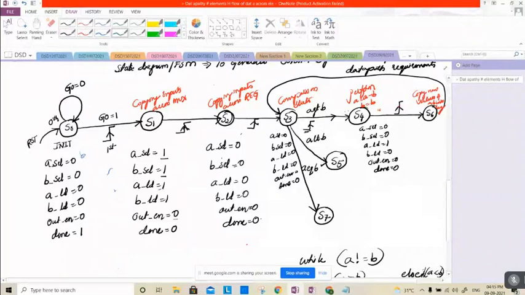There is no other difference between the two. Here, loading A comma B from the external world, and here loading A comma B internally. To show this difference, two states were taken. It is not required. This is the difference between S6 and S2, or else we can directly move from S4 to S2.